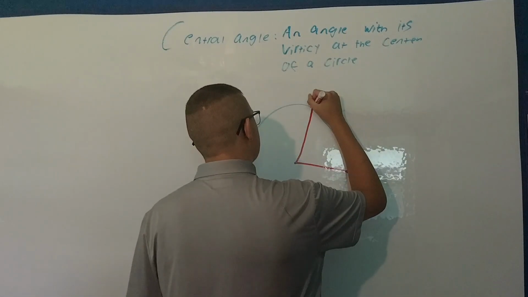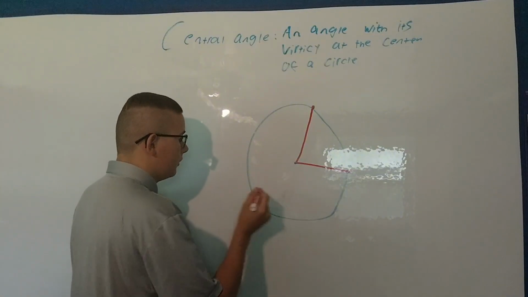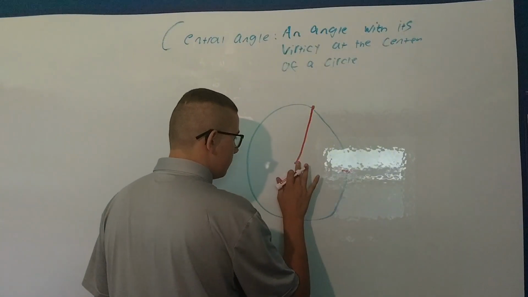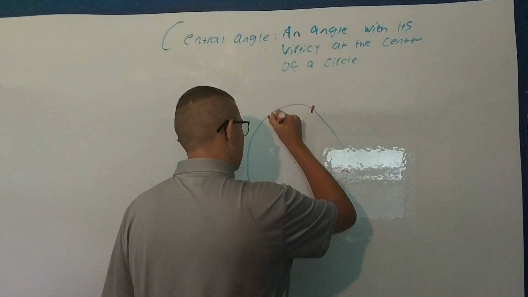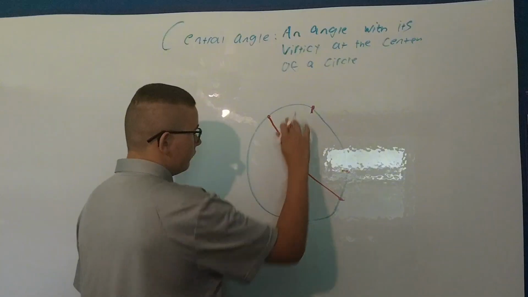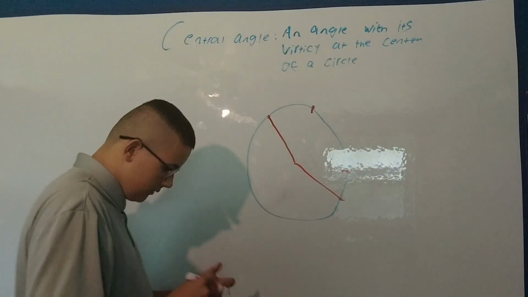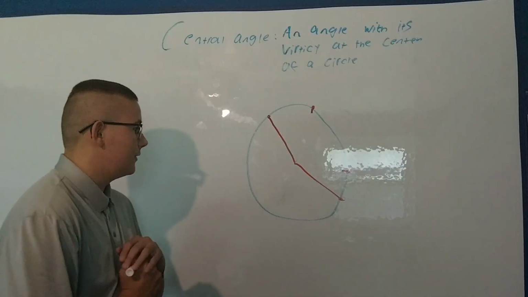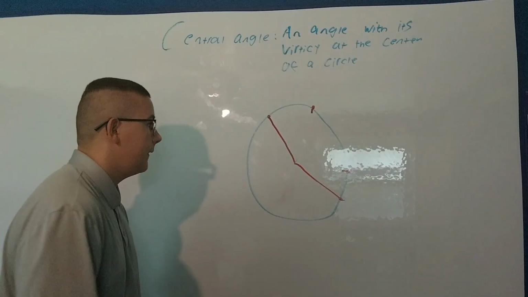So it meets in the center of the circle, and then it comes out to the edge of the circle, right? Something like this. That'd be like 170 degrees, 165 degrees, like that.